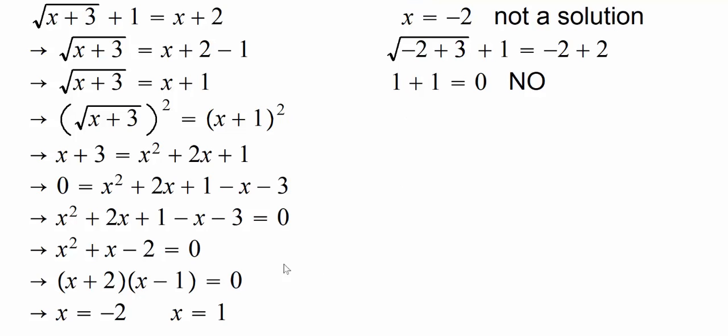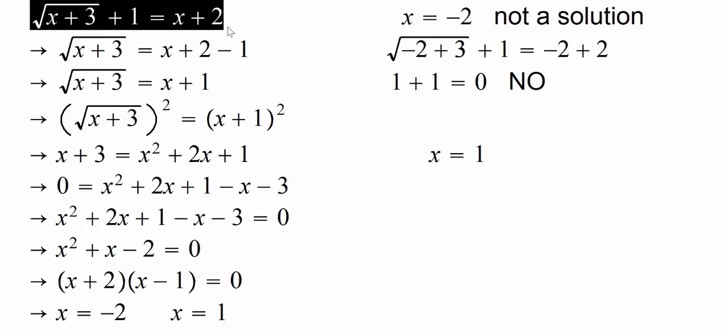And if we check x equals 1 in the original equation, let's bring the original equation down here.